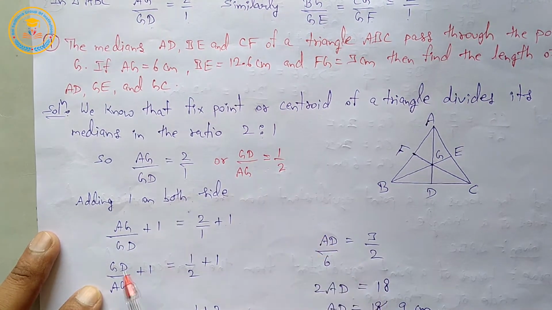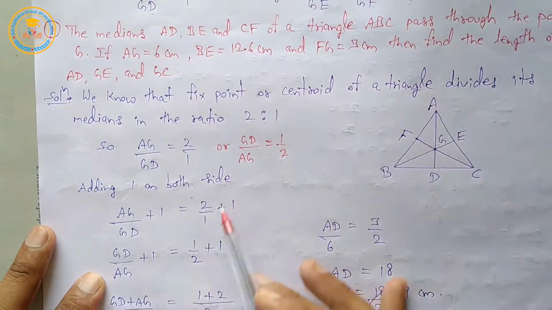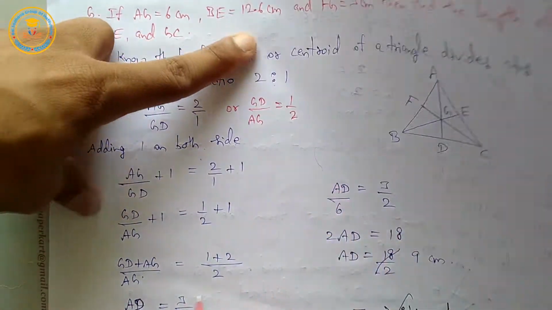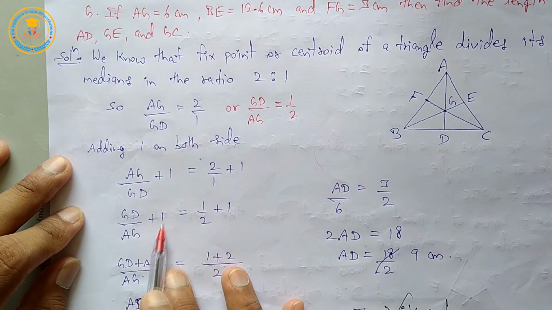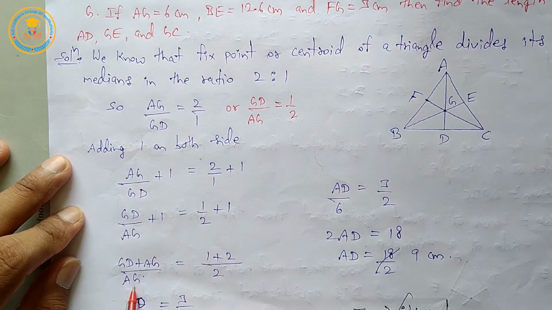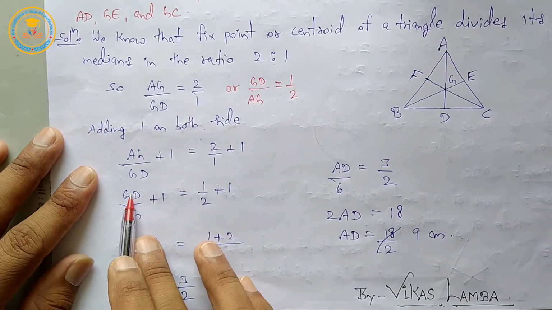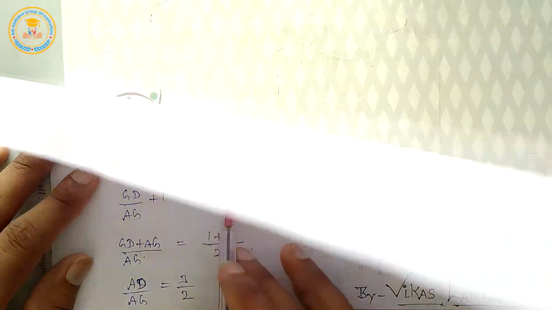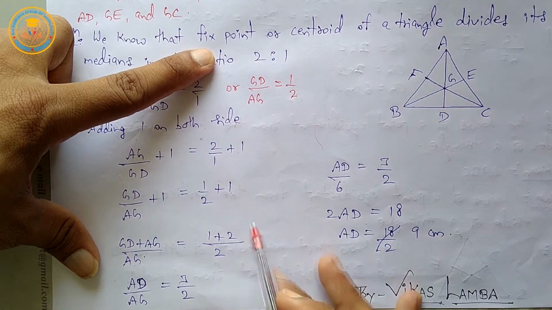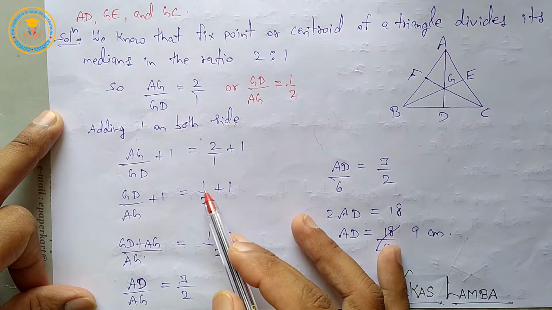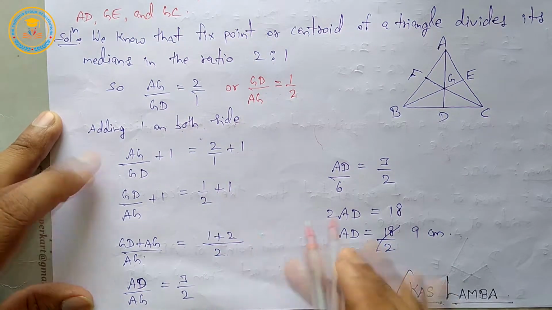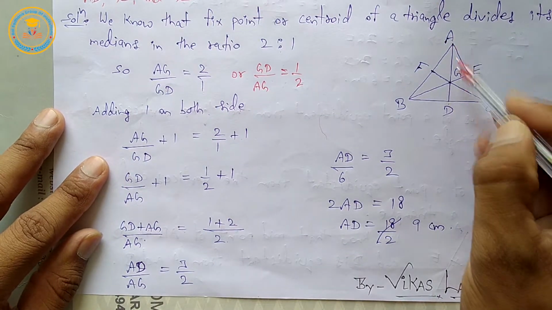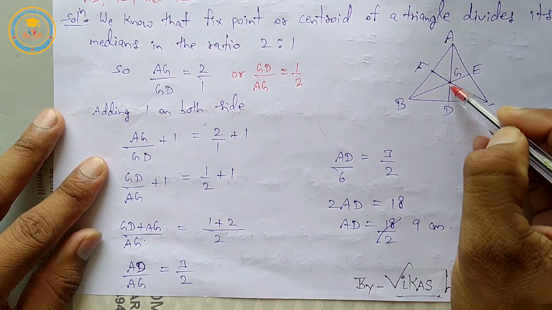Solve: GD plus AG, that is AD, the total part.